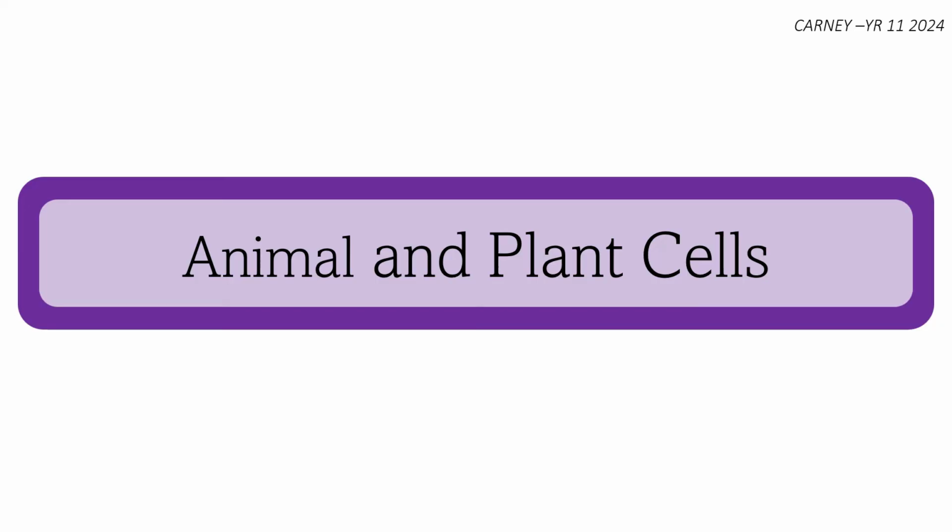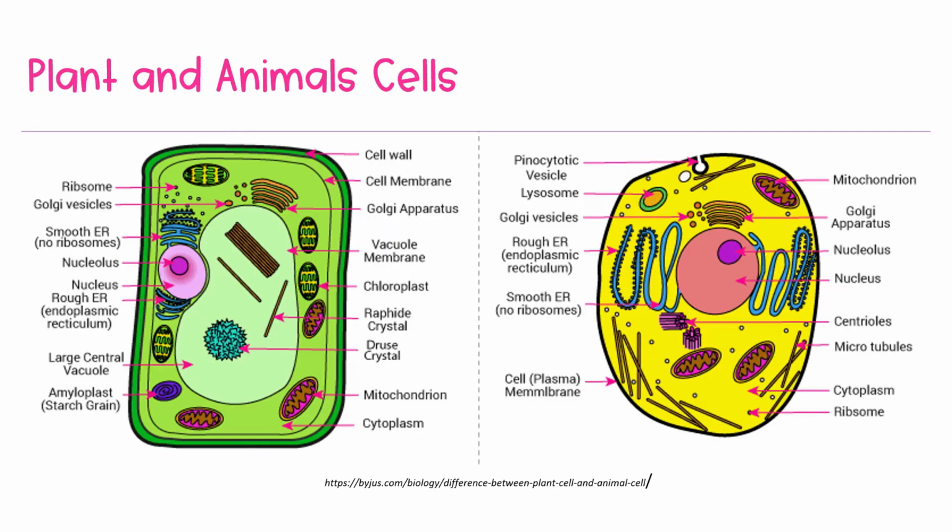Let's look further into eukaryotic cells by looking at animal and plant cells in more detail. As mentioned, plant and animal cells are types of eukaryotic cells. Organelles are the specific structures within the cells that carry out the specialized functions. Think of organelles as the organs of the cell. Both plant and animal cells have similar organelles that carry out the same functions.